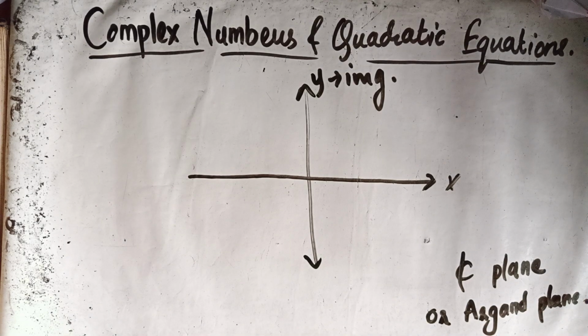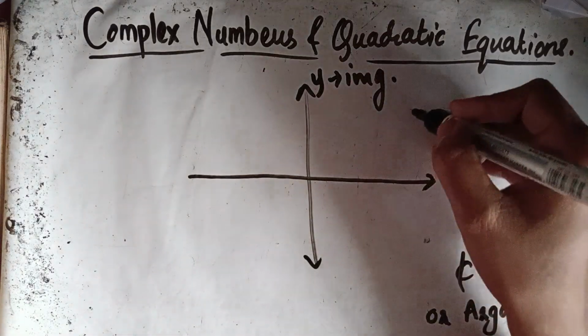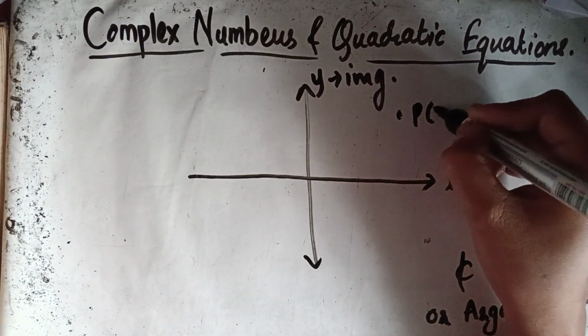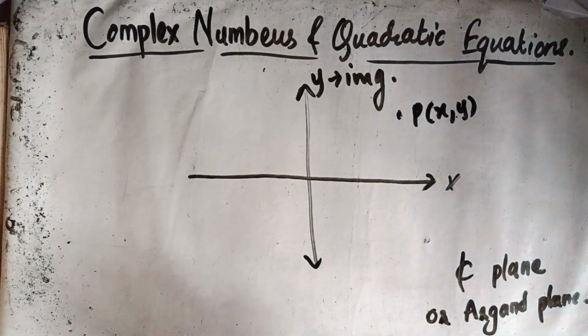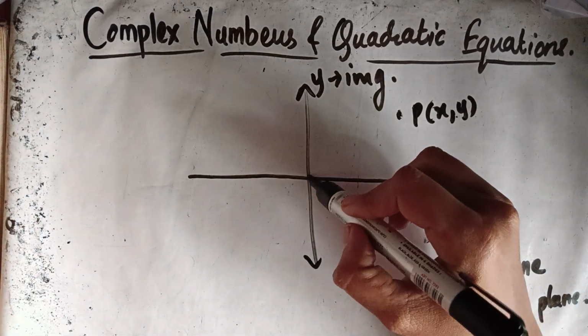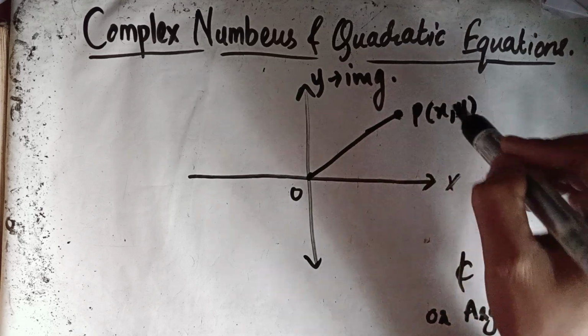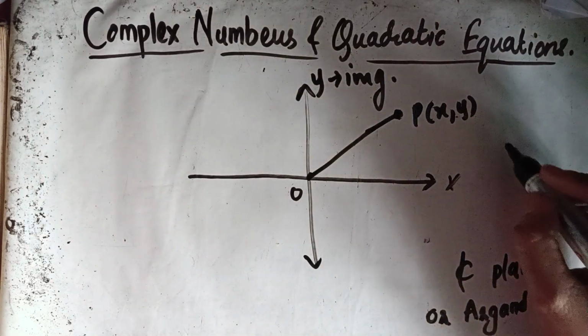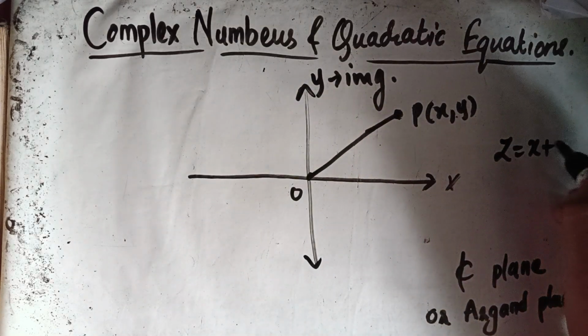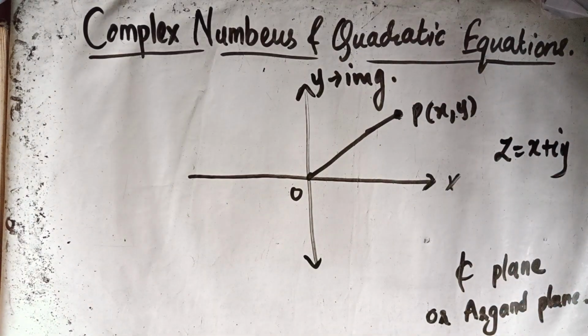So here, if you take a number, say point x comma y, okay, P, and this is origin. So this is a representation of the number x plus iy, right?